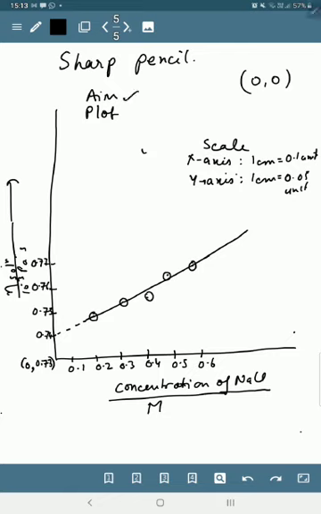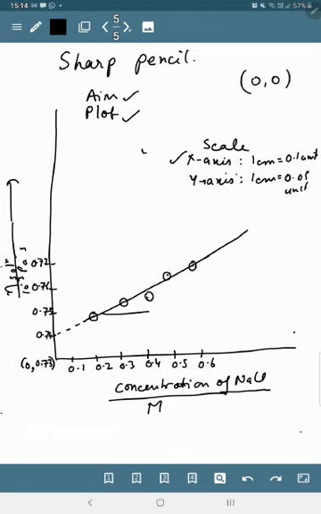You will always write the aim, you will always write the plot, you will always write the scale. The scale has to be in terms of unit, never in terms of divisions. And then comes the last part of the graph, that is to find out the slope. Now suppose you were to find out the slope of this graph. Do not take observation points for your slope.